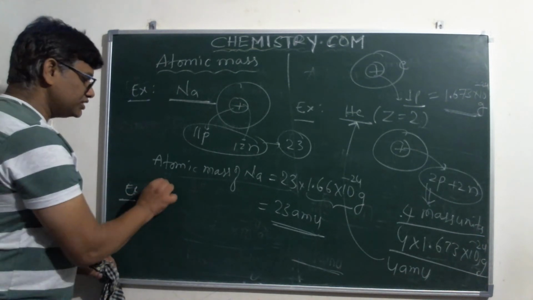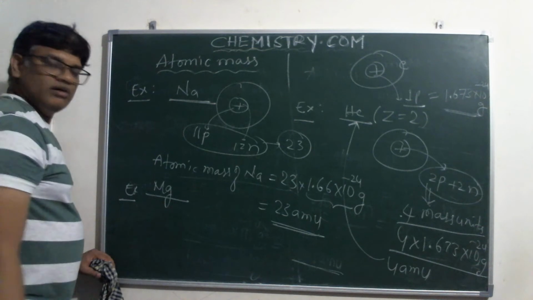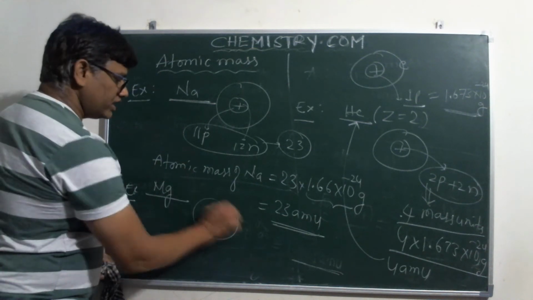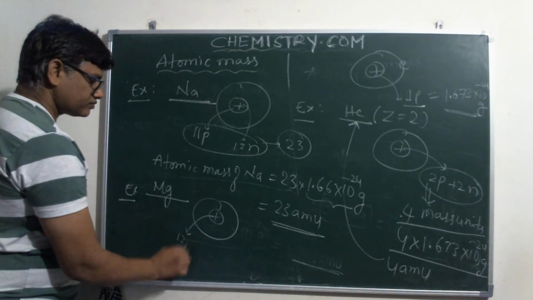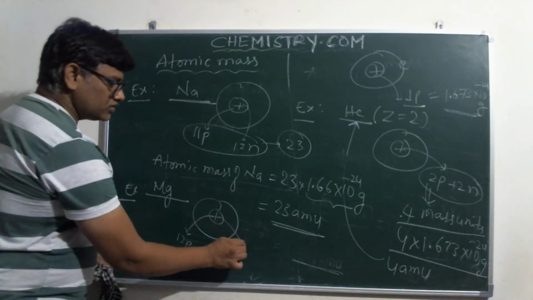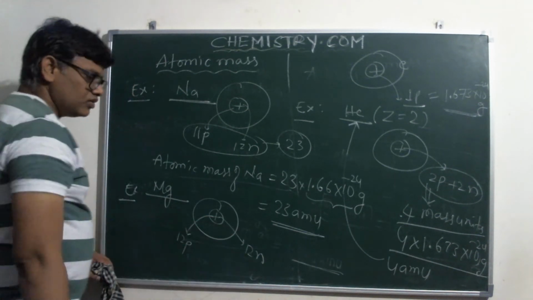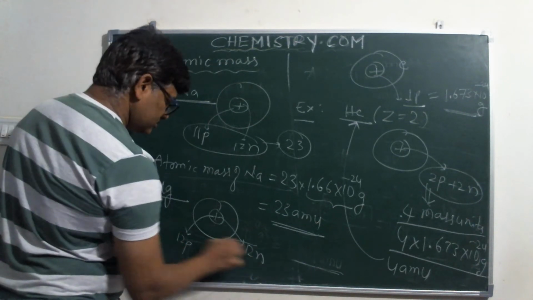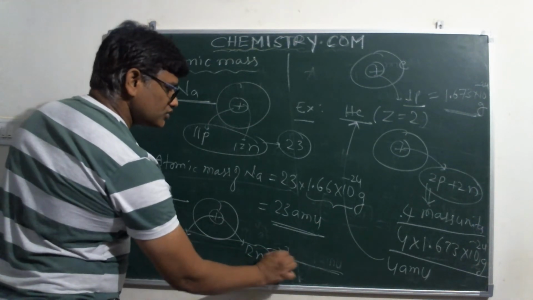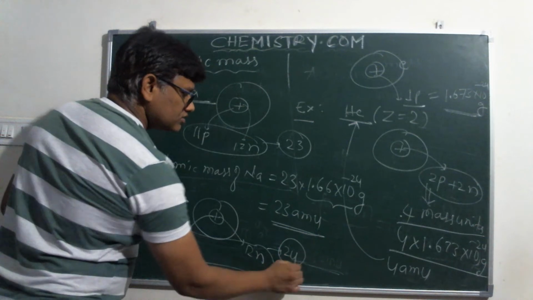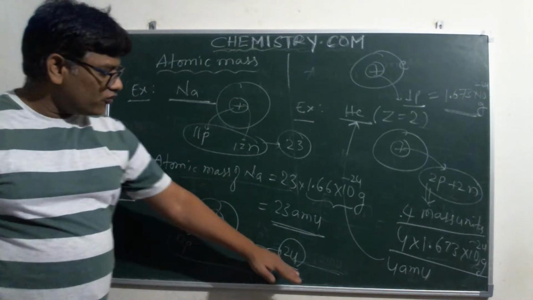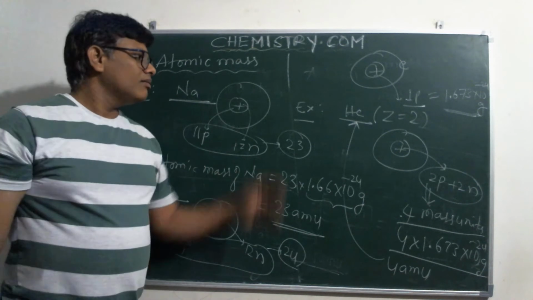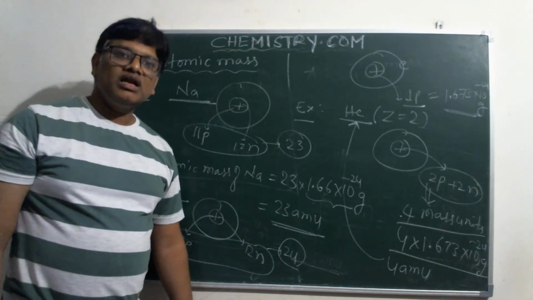That is magnesium. The magnesium nucleus consists of 12 protons and 12 neutrons. The overall mass number will be 24. So the mass of one magnesium atom is 24 times heavier than 1/12 the mass of a carbon-12 isotope.